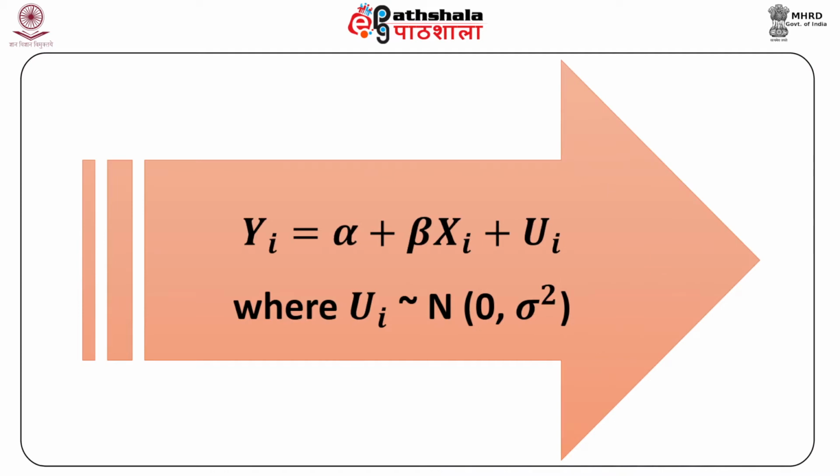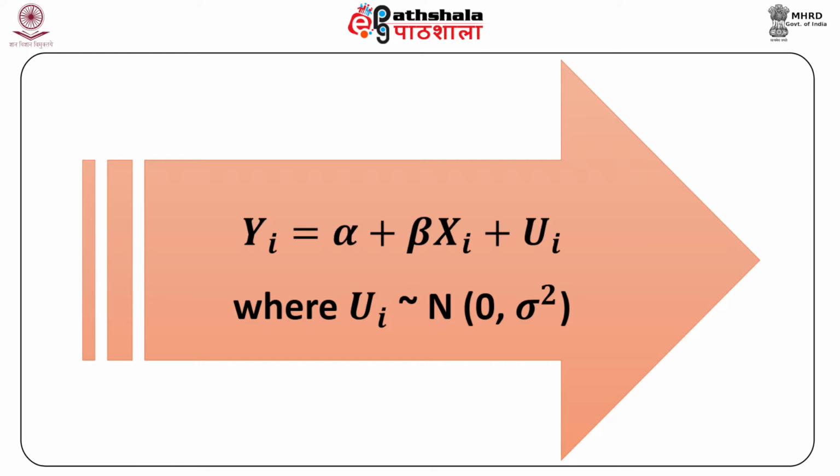Now, to be able to perform the test, we need an additional knowledge of the sampling distributions of the estimators. It will be impossible to perform hypothesis testing without this knowledge, a prerequisite of which is the assumption that the error term is normally distributed. So given the following model as yi is equal to alpha plus beta xi plus ui, it simply means that ui follows normal distribution with mean 0 and variance sigma square.